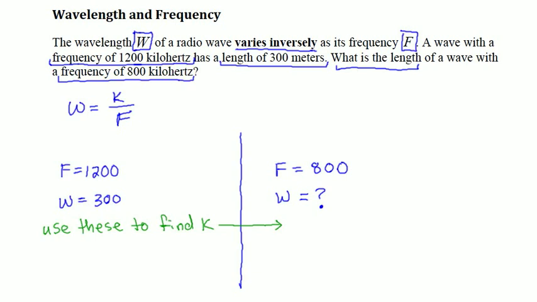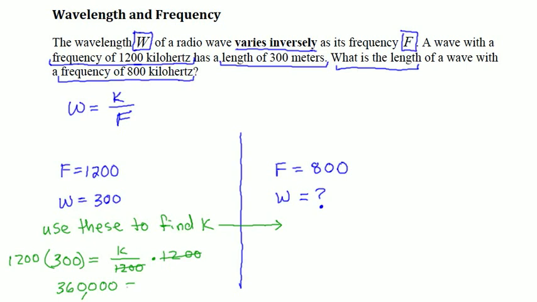So plugging in, we get 300 equals K divided by 1200. When we multiply both sides by 1200, we get a big number. 12 times 3 is 36, and then count the zeros, 1, 2, 3, 4.